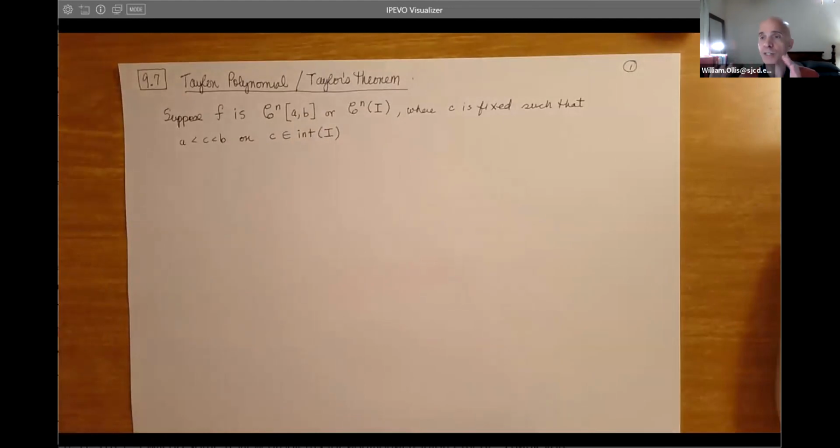So when we talk about the interior of an interval, we're staying away from the endpoint. So we're inside, so to speak. So we can approach the c from either side in that interval.